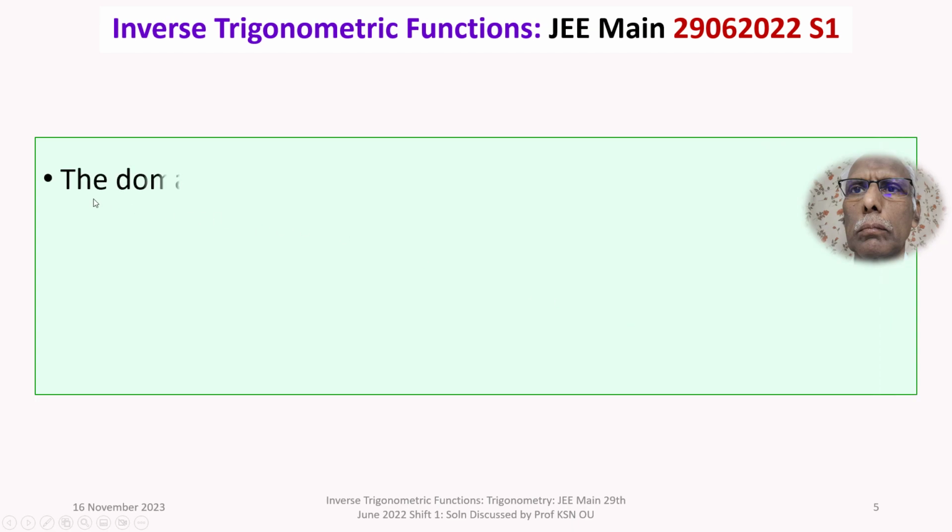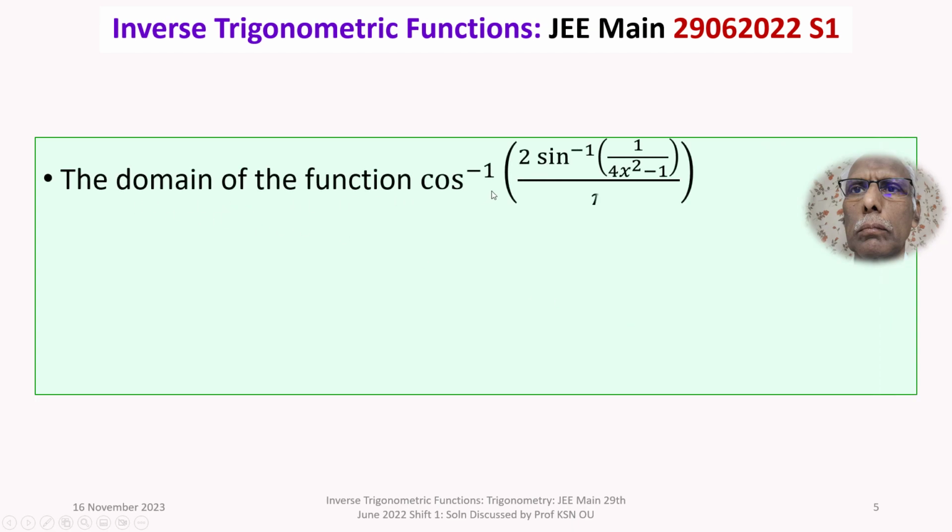The given problem is the domain of the function cos inverse of, in brackets, a quotient, the numerator is 2 sin inverse of, in brackets, 1 by 4x square minus 1, whole by the denominator pi.